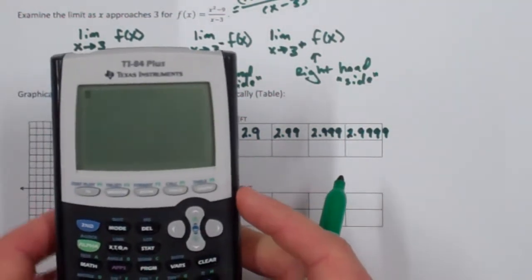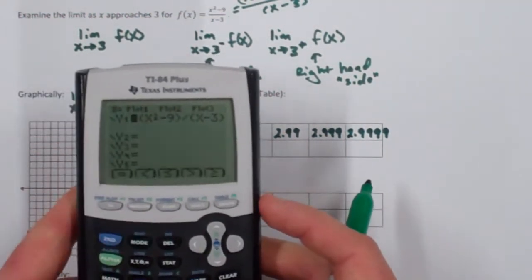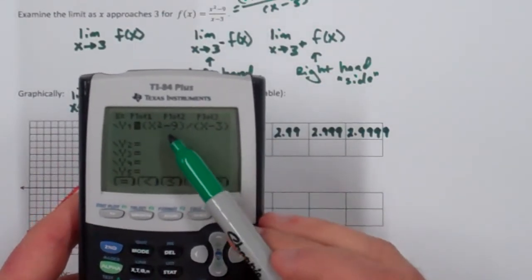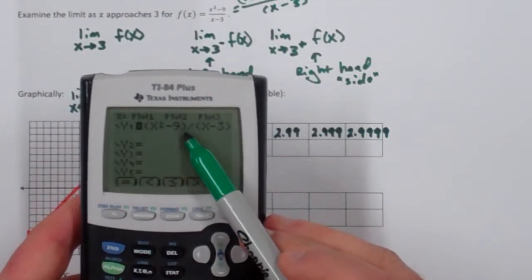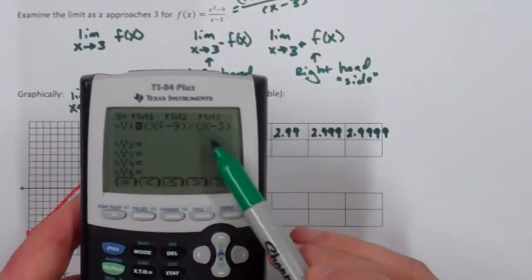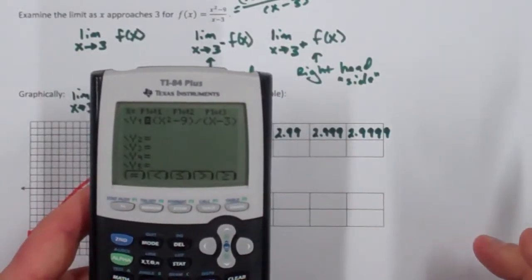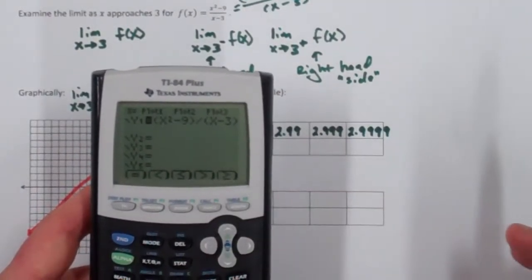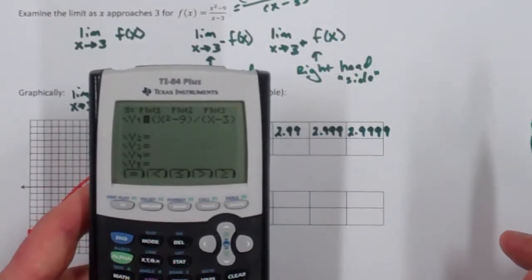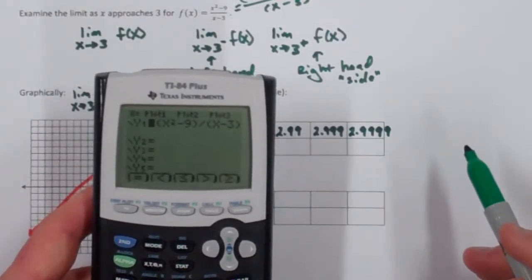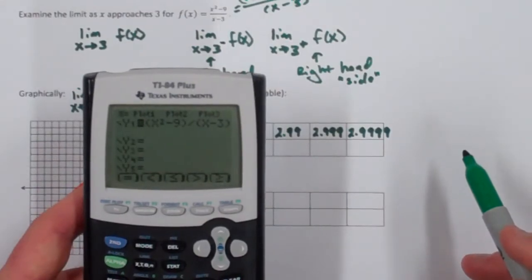In your calculator, if you go to your y equals button, go ahead and enter that function in. And please, please, please use parentheses around the numerator and, in this case, the denominator as well. Whenever you have a plus or a minus sign in the top or the bottom in between two terms, when there's 2 or more terms, you need to use those parentheses.